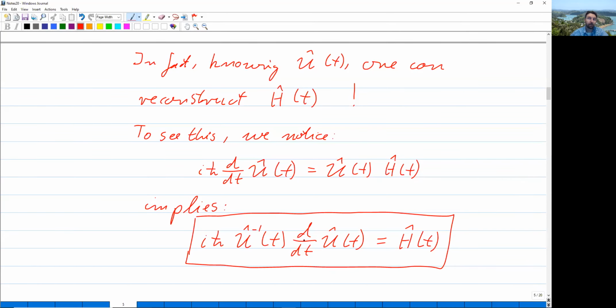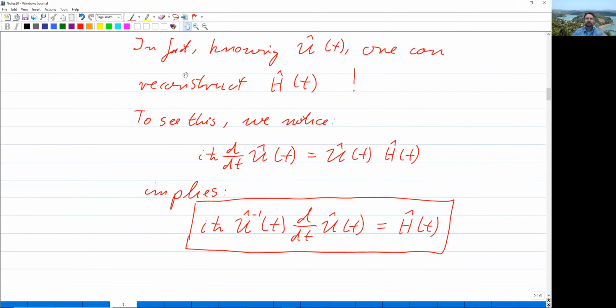In fact, this is comparatively easy. It's actually a little bit harder to solve the differential equation for u of t from h of t. But this is, of course, usually the way it goes. Let me just make a comment here.